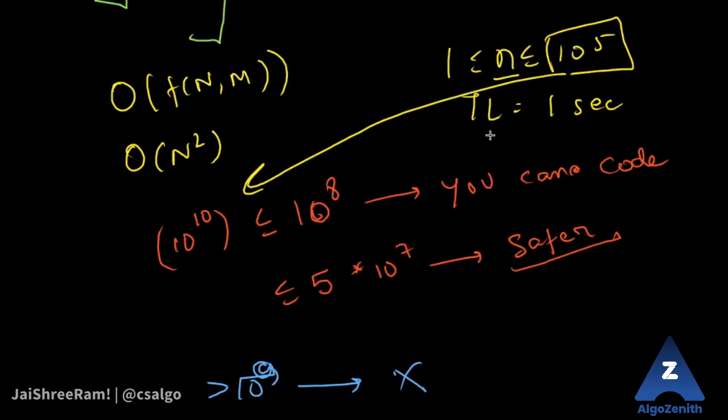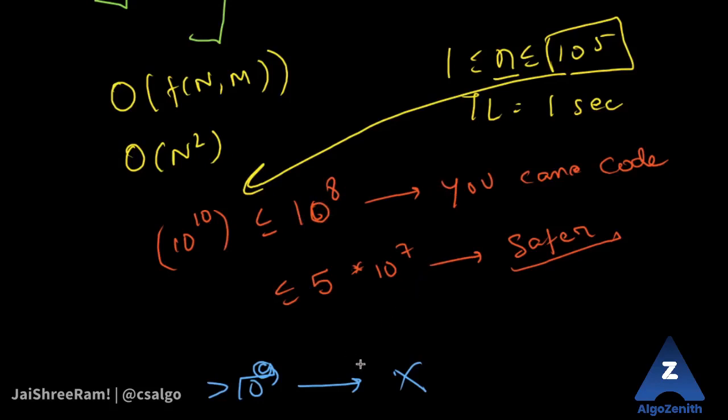Because there are some constants that we dropped while formulating the order notation. So if you drop the constants, there might be some extra multipliers over there. That's why in most of the cases, if there is an order notation which gives you 10 to the power 8 or 10 to the power 7, that is safe and you can code the solution.